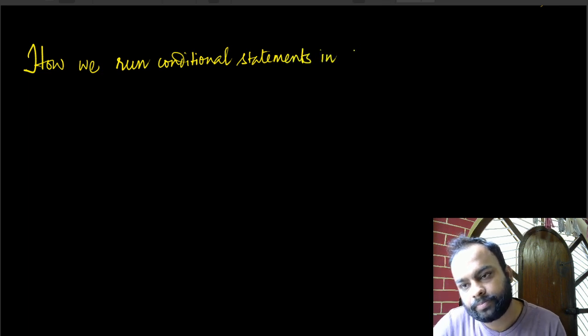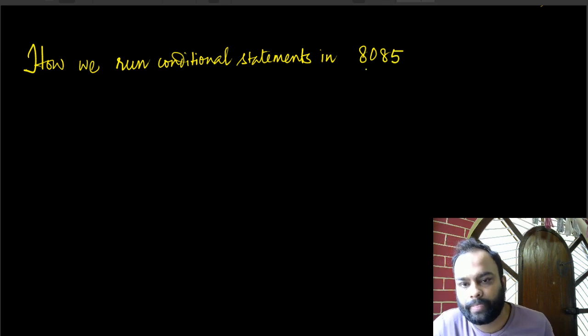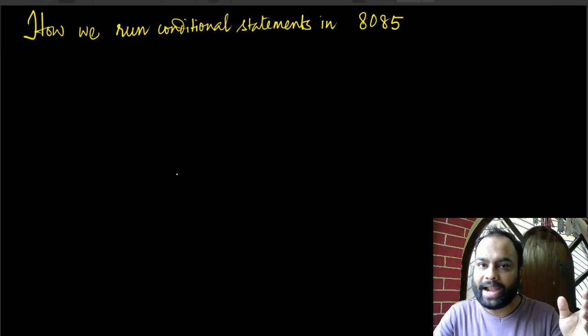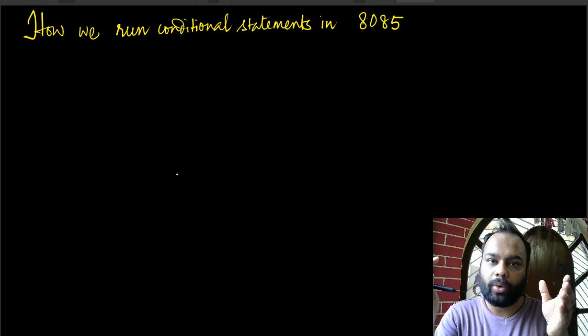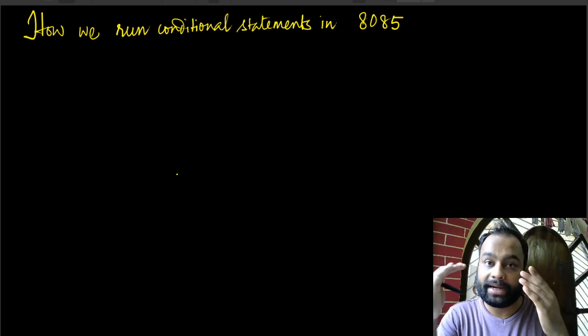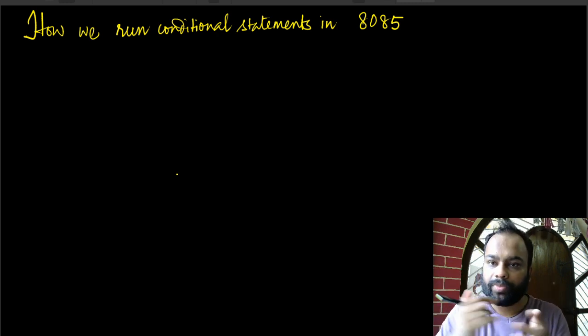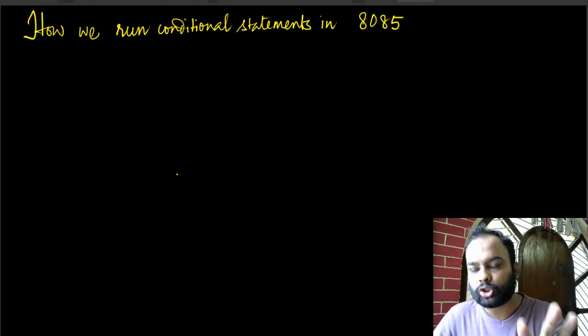This is how we run conditional statements. We look at the flag register, and by looking at the current status of the flag register, we figure out what to do. And to do that, there are jump instructions. We are going to shortly talk about that.